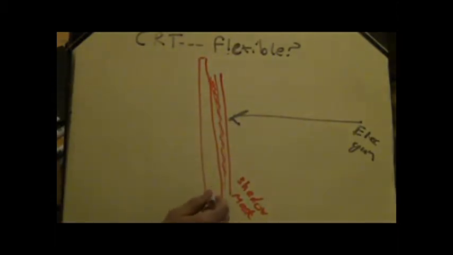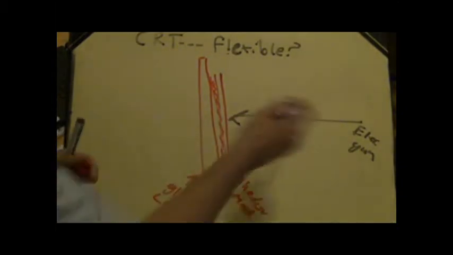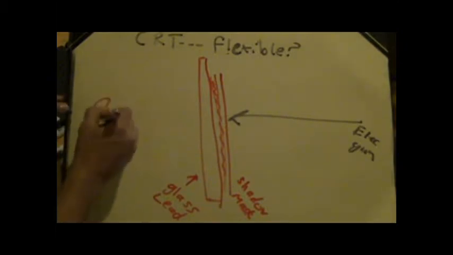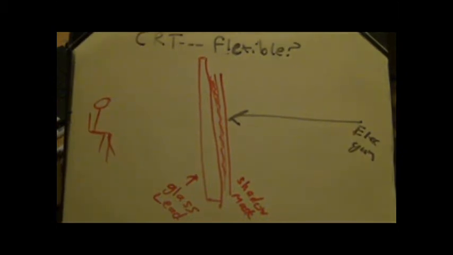In fact, this sheet of glass also contains lead because we want to avoid any sort of harmful radiation that could have come from inside the TV, so that our person can still sit here and watch the TV. So it looks like our old classic CRT TVs couldn't have that bendy screen that we're looking for.